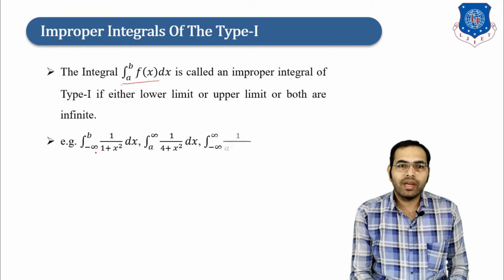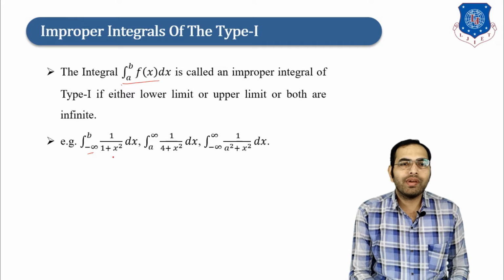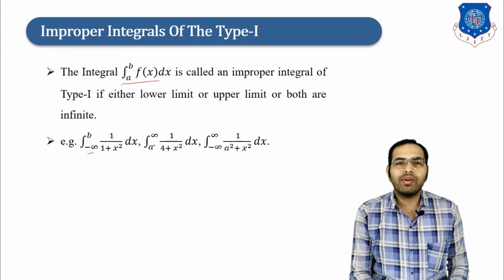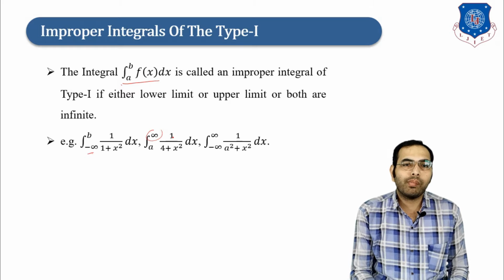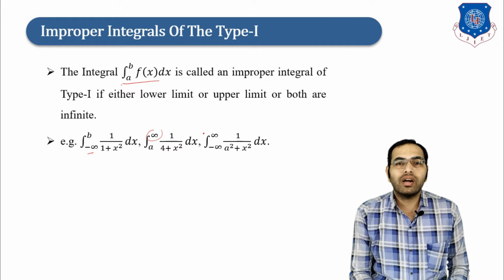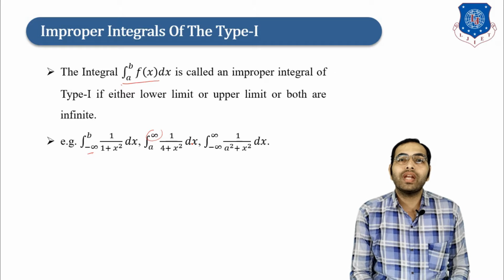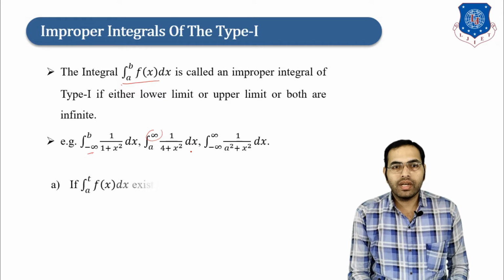For example, integral minus infinity to b of 1 upon x square plus 1 dx. Here the lower limit is infinite. Another example is a to infinity of 1 upon 4 plus x square dx. In this example the upper limit is infinite. In the third example both the limits are infinite. These are the examples of improper integral of type 1.